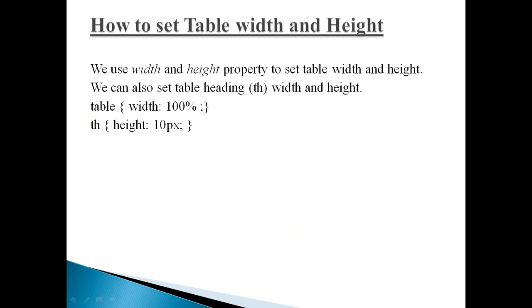And the next properties we have are width and height. These properties can be set on the table, and they can be set on specific tags as well, right? Specifically for the table header or table row it can be set, either in terms of percentage or pixels.